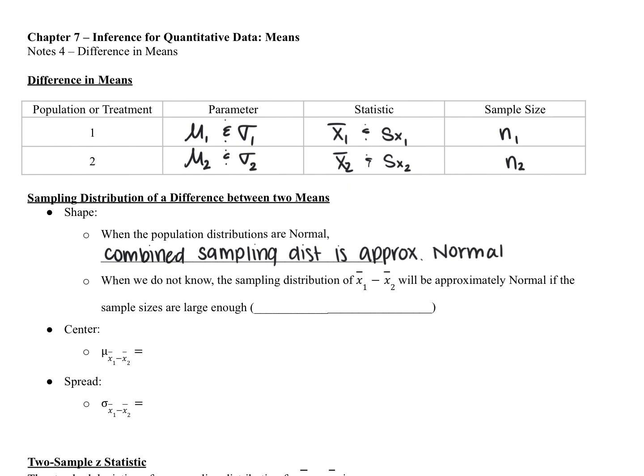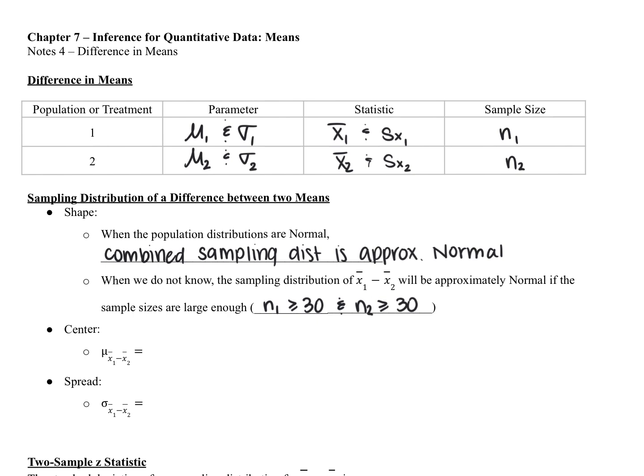If we do not know that the sampling distribution for their difference will be normal, then we have to make sure both sample sizes are large enough. So that means that N1 has to be greater than or equal to 30, and N2 has to be greater than or equal to 30.